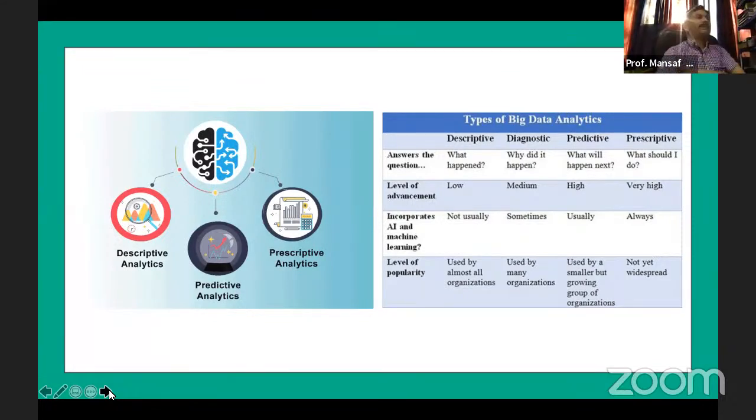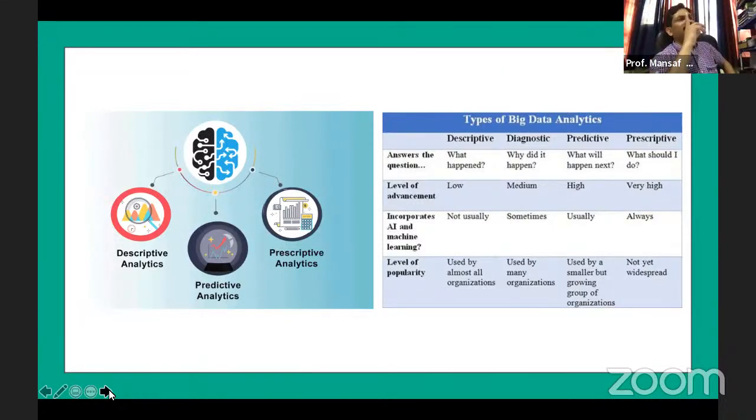There are 4 types of big data analytics methods. As soon as you get the data and you are going to analyze it, first ask a question, and depending on the answer you want to that question, you can decide which type of data analytics is required.